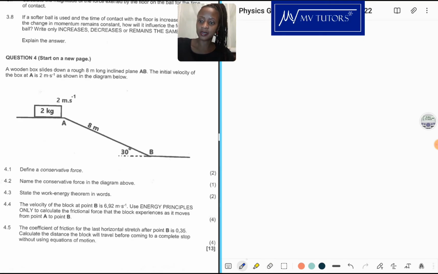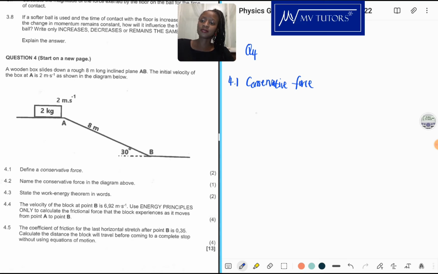Okay, let's just get started there. Question 4.1, what is a conservative force? Basically, it is a force where the work done to move an object from point A to B, or between 2 points, is independent of the path taken.